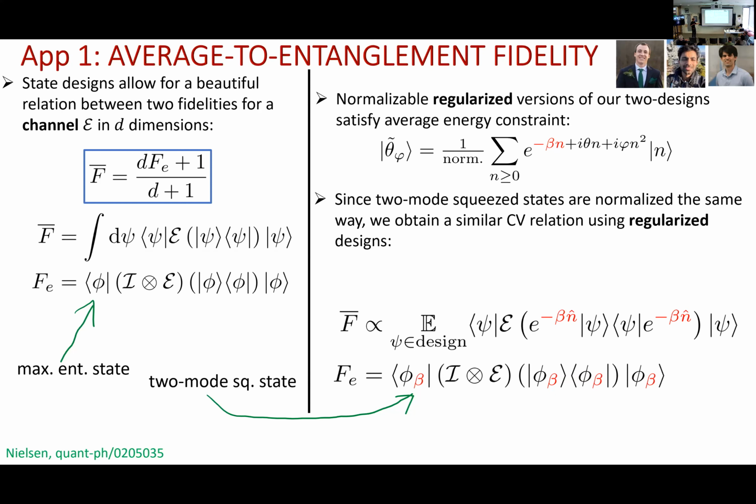So people soften it, make it have a regularized tail by introducing finite squeezing. This is something that's existed, and now we can introduce this quantity because we have a design. We can do this average, and we insert these things to match the beta here, and we get a relation very similar to this, except now there's an effective dimension that's not an integer, that depends on the amount of squeezing you have in this 2-mode squeezed state.